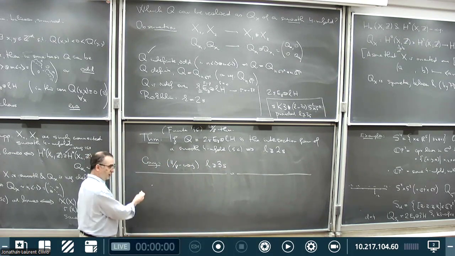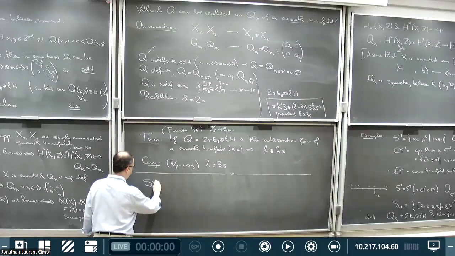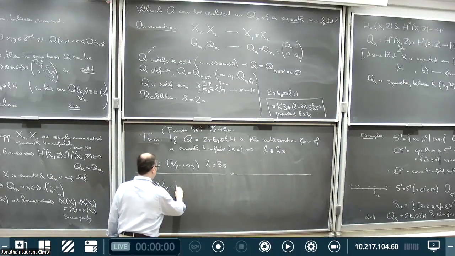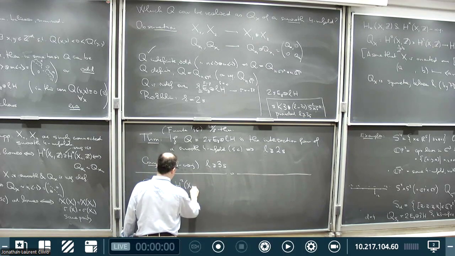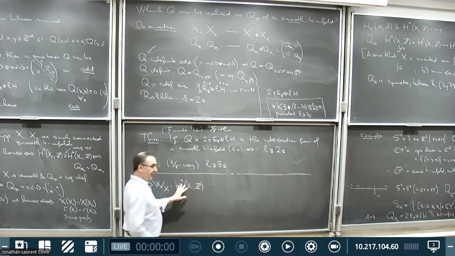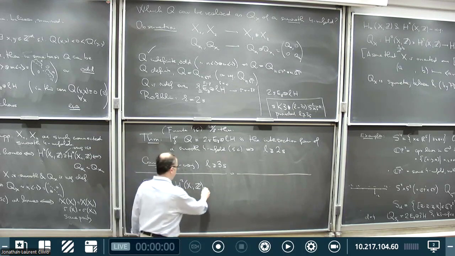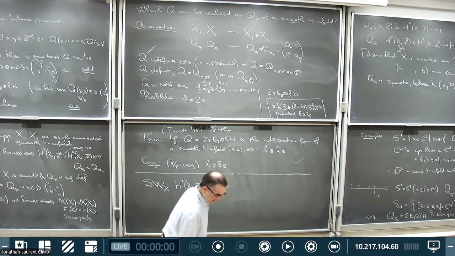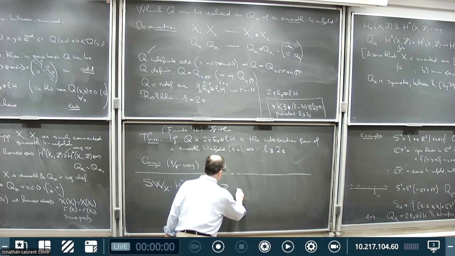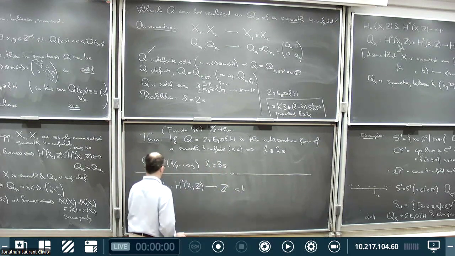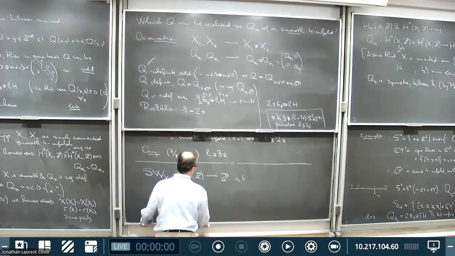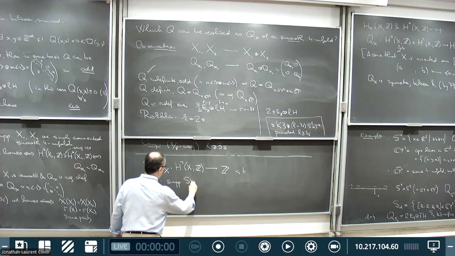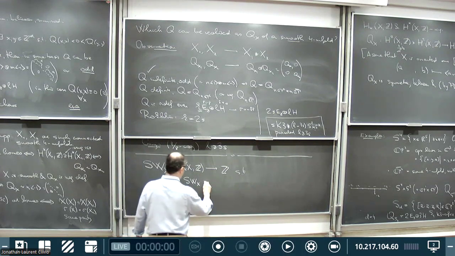So at the end of the day, we will have a function, which I will call Seiberg-Witten of X, defined on the second cohomology of X. This is exactly where the intersection form lives, and this will be an integer-valued function with the properties: the support of Seiberg-Witten is finite.